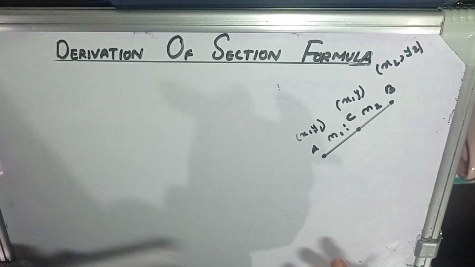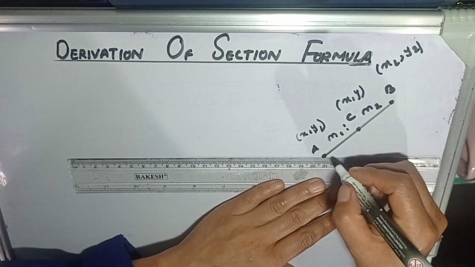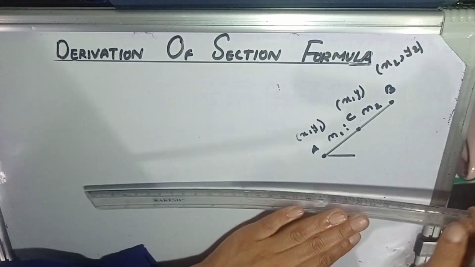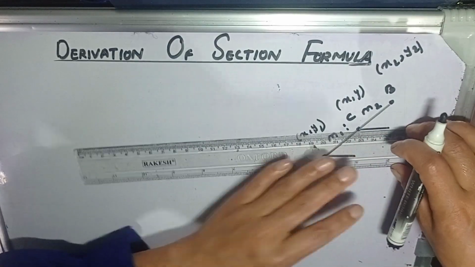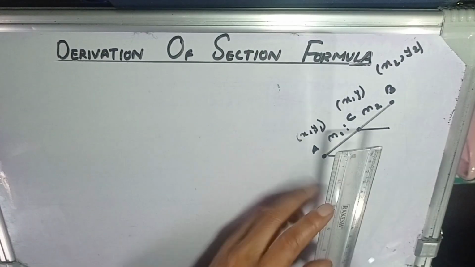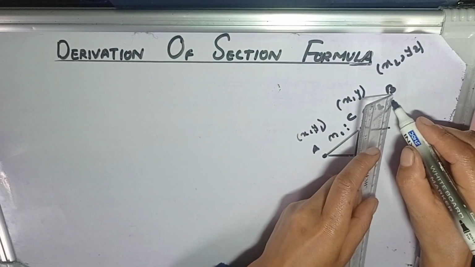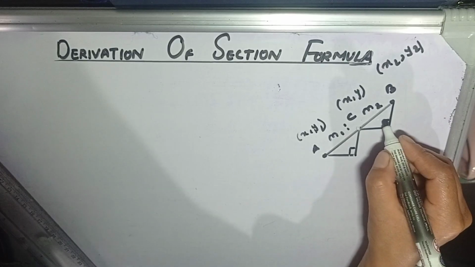Let's make perpendiculars from A and B to C. So this angle becomes 90 degrees.